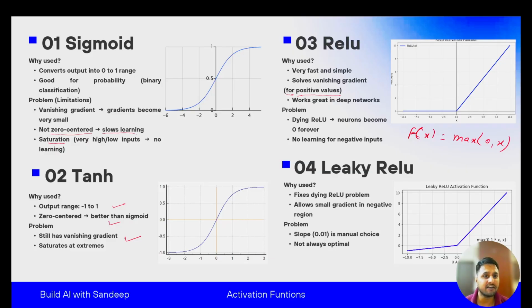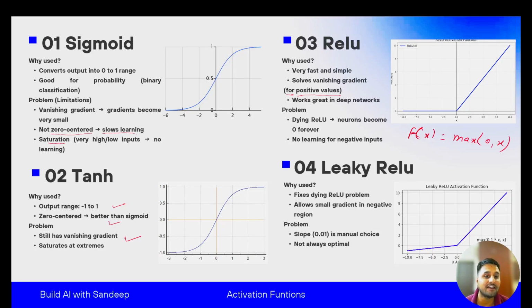So it worked great in deep networks. It solved the vanishing gradient problem for positive values at least, but still it has a problem, and the problem was the dying ReLU problem. Whenever a neuron gets a negative input, it gives us the output 0 and it stops learning forever.